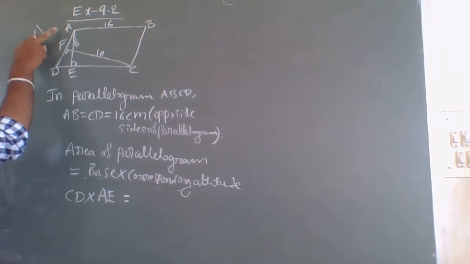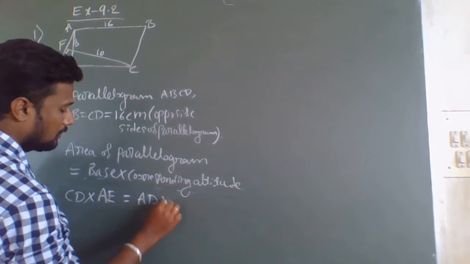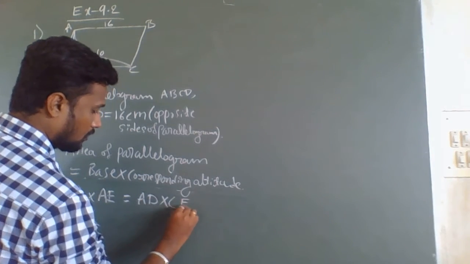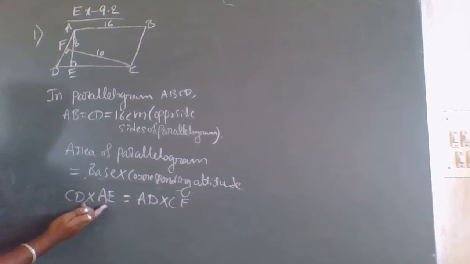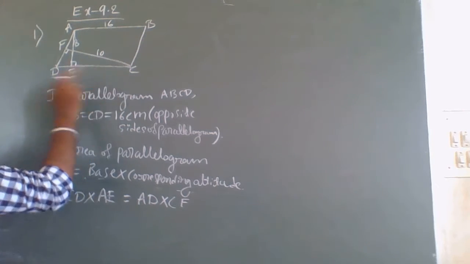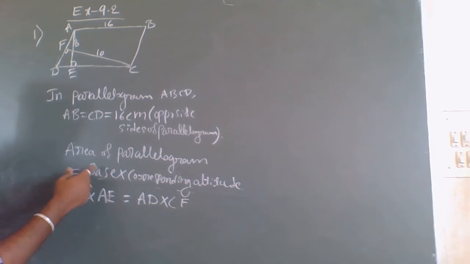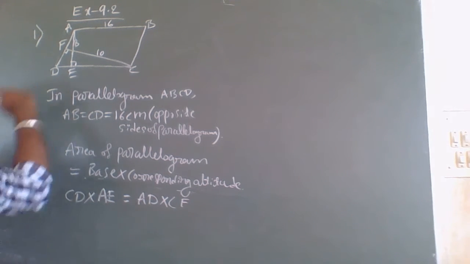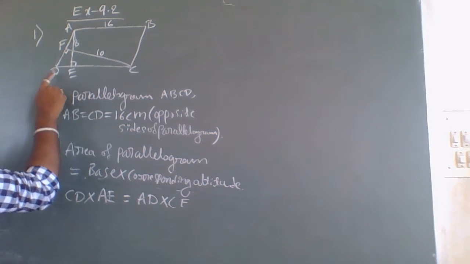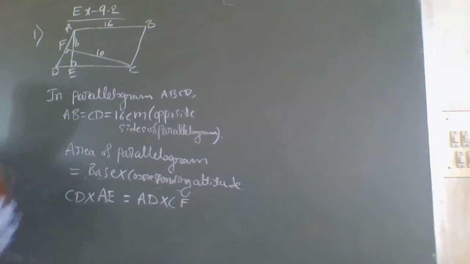equals to, if I consider base as the AD, altitude is CF. You can use any of these two to calculate area of this parallelogram, because these are the base and altitude for same parallelogram, so that we can write CD into AE equals to AD into CF.